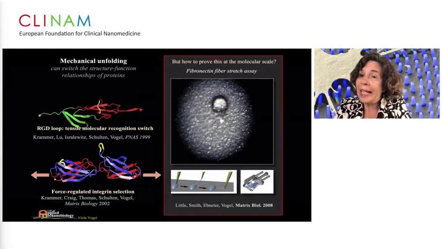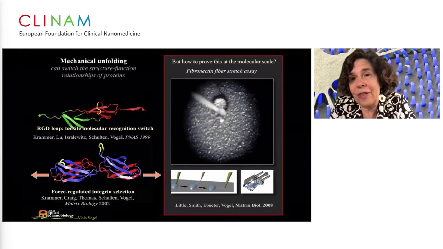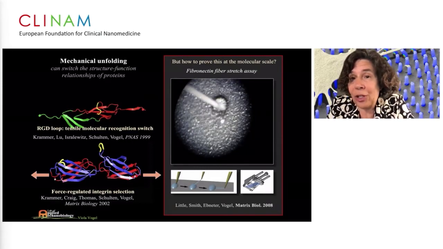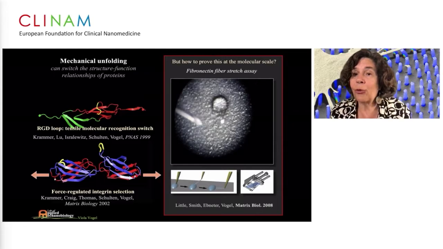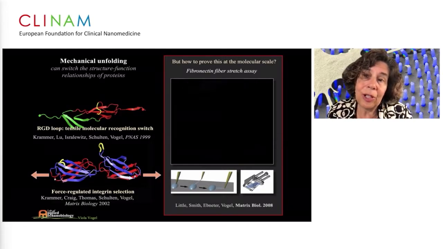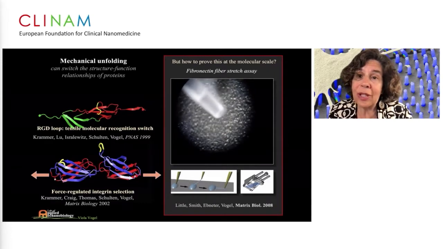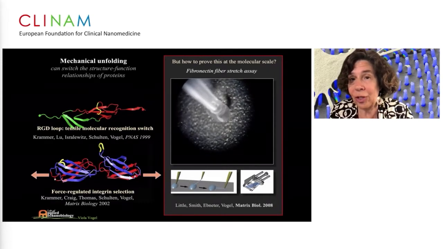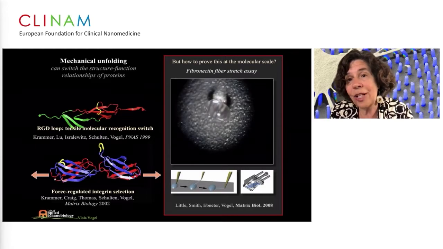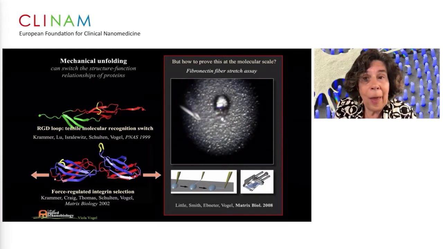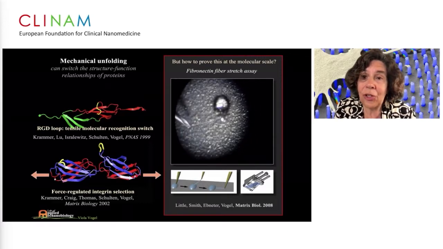So to test these first structural models, we developed fiber stretch assays. We put droplets of high concentration fibronectin, pulled fibers out of those and deposited these fibers on stretchable substrates.